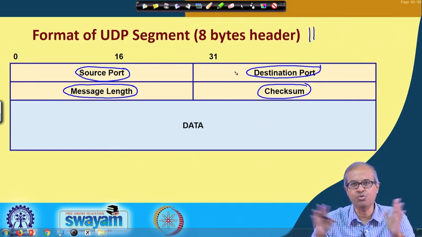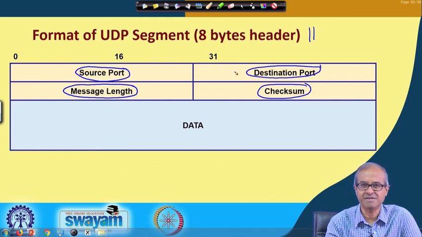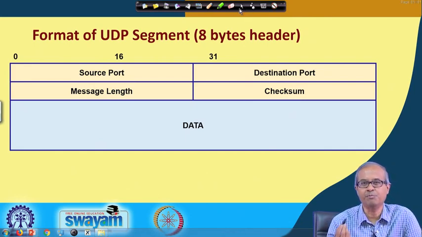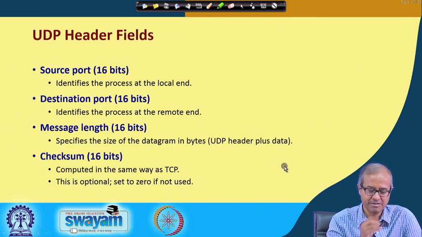For UDP there is no question of connection establishment, you just send the data packet, it will be routed and go. UDP is faster in that sense. So, there are many applications where you prefer speed to reliability. These are the 4 UDP header fields I already mentioned, right.